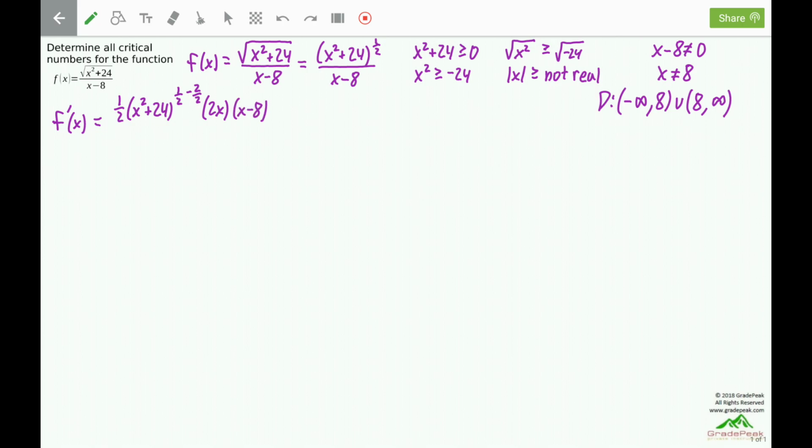And then times the denominator left alone, minus the numerator left alone times the derivative of the denominator, which is a 1. And the entire thing over the denominator squared.